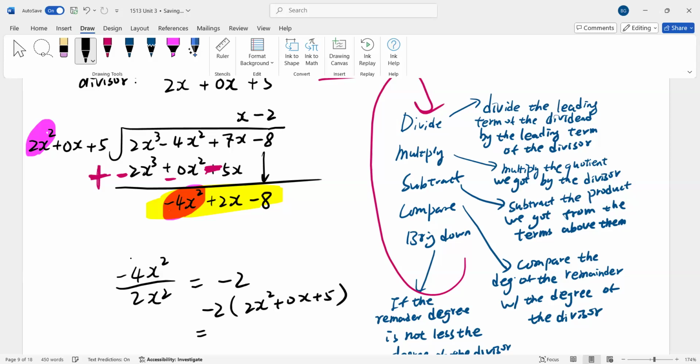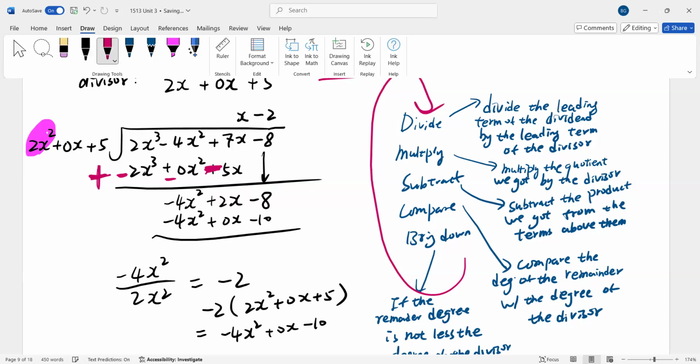Multiply the quotient we got, which is 92, by the divisor, 2x squared plus 0x plus 5. Distribute: 92 times 2, 94, x squared, 92 times 0x, 0x, 92 times 5, 10. And then place that under the new dividend. So we have 94x squared plus 0x minus 10. And then subtract.